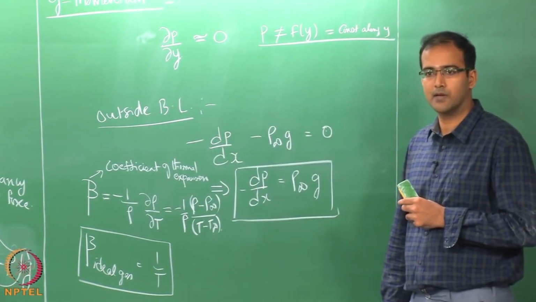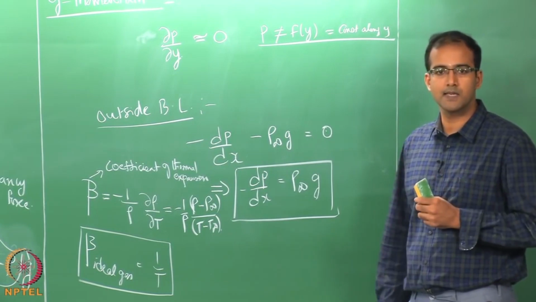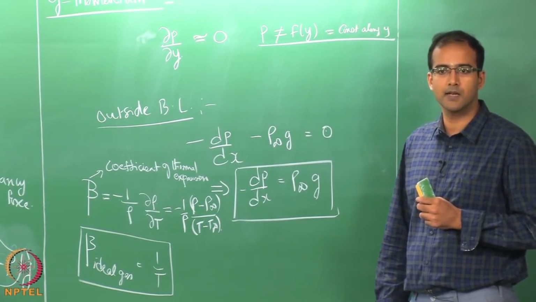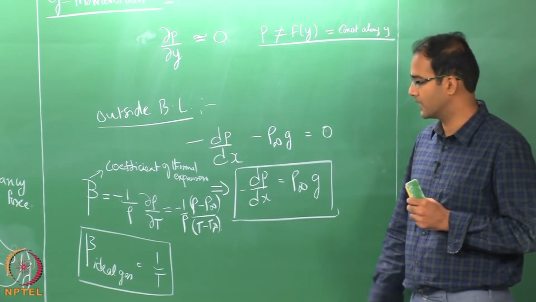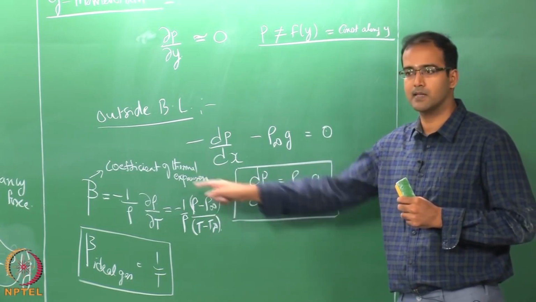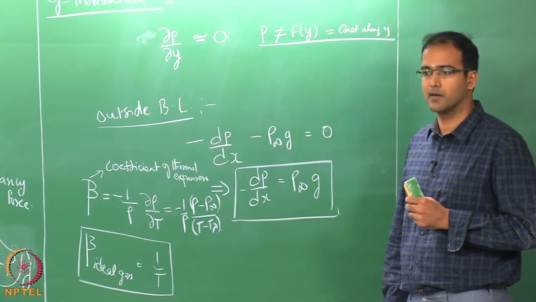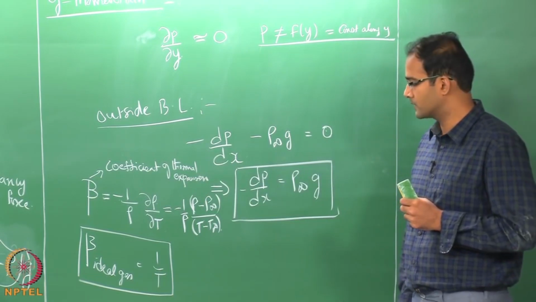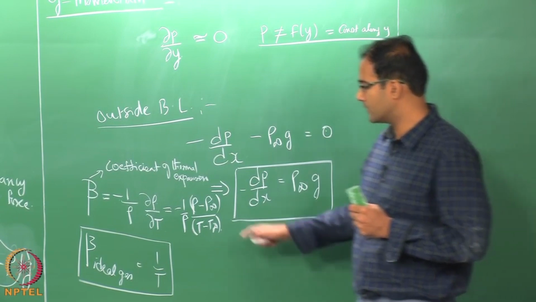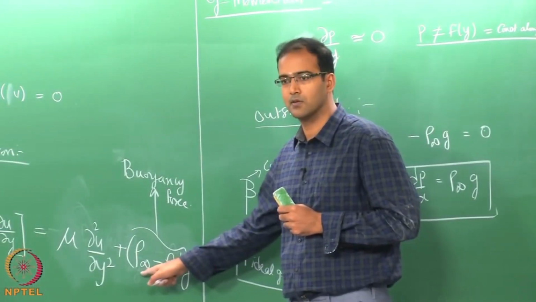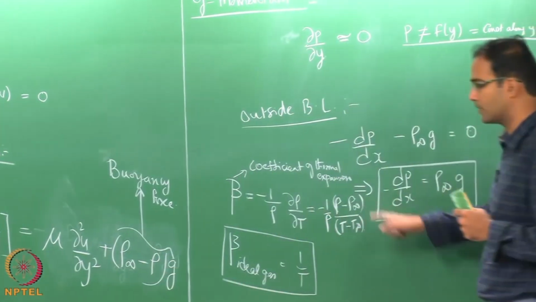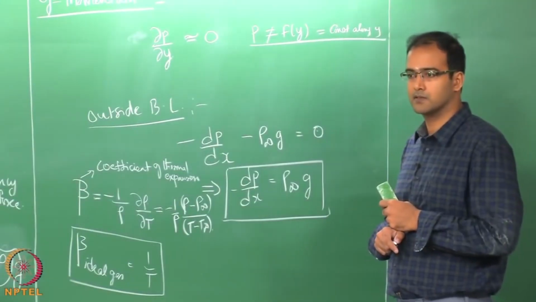For small changes in temperature, we can assume a linear variation in density, and therefore we can approximate the derivative d rho by dT as rho minus rho infinity by T minus T infinity. Now, you can substitute for this buoyancy force rho infinity minus rho from this particular coefficient.